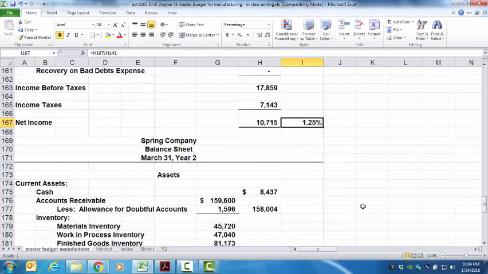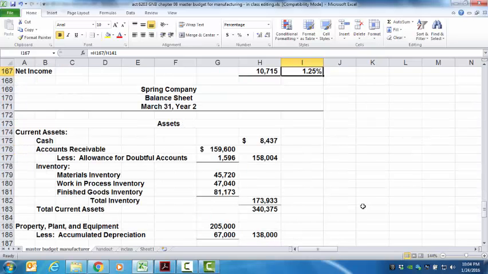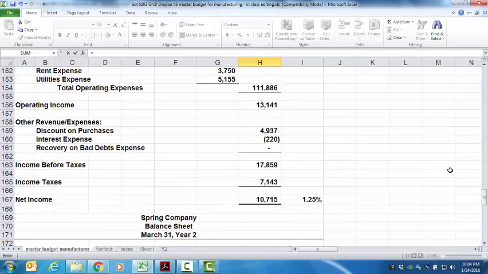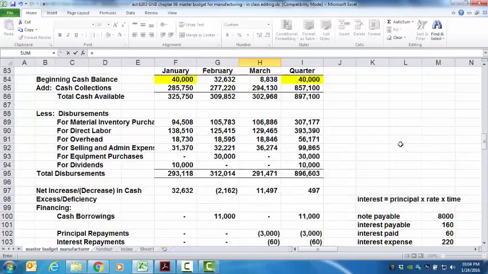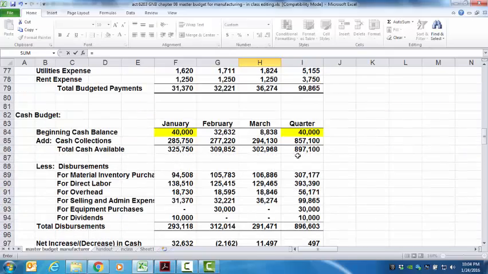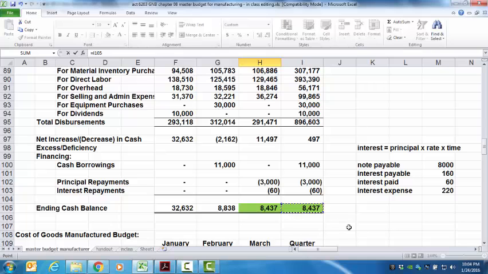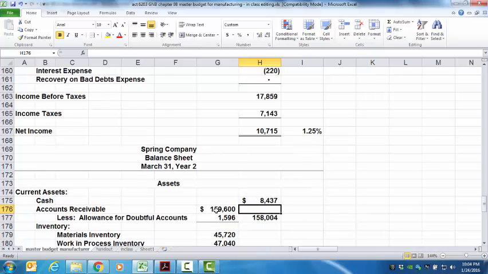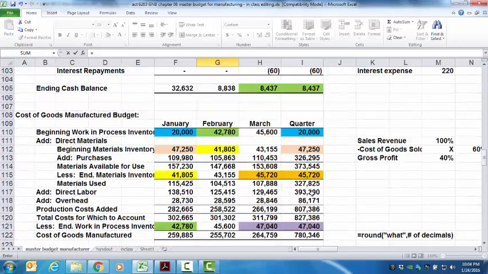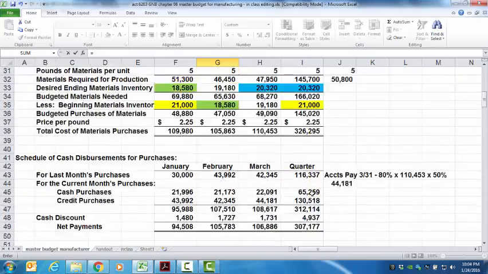The balance sheet is going to be a summary as well, and most of this we've already calculated. The cash, well, we're going to get that from our cash budget. So if I scroll back to the cash budget, we can look at the quarter, and there's the total amount, $8,437, and that should agree with what's on your handout. The accounts receivable, if you remember, we already calculated that when we were doing the cash collections up here.